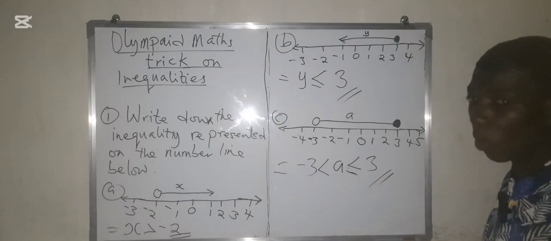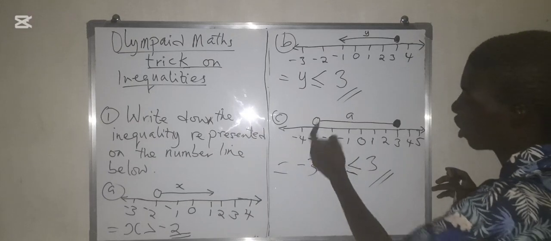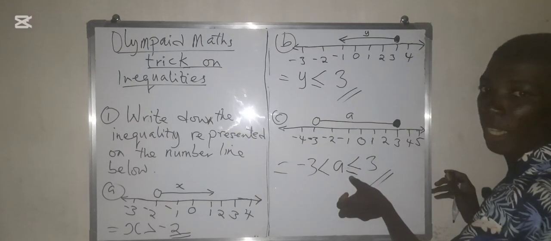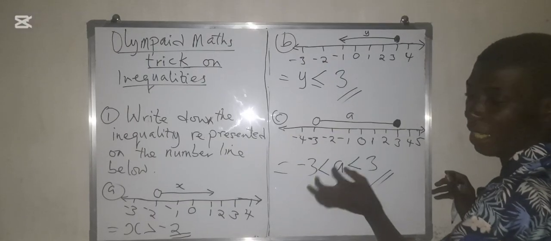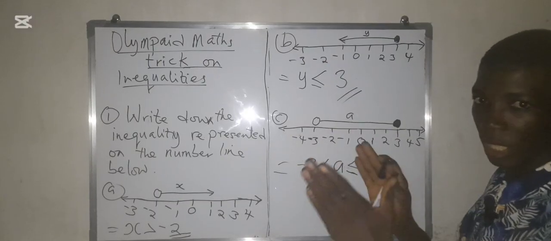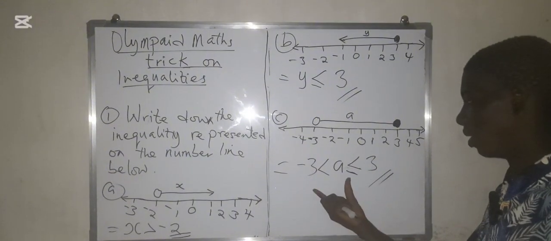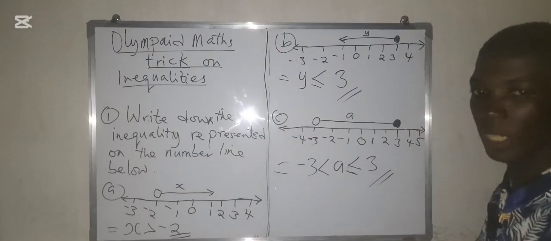Now this one is not shaded, so it's going to be a mere less than. This one is shaded, so it's going to be less than or equals to. Make sure the variable is in between the inequality symbols. Now this is the inequality that is represented on the number line.